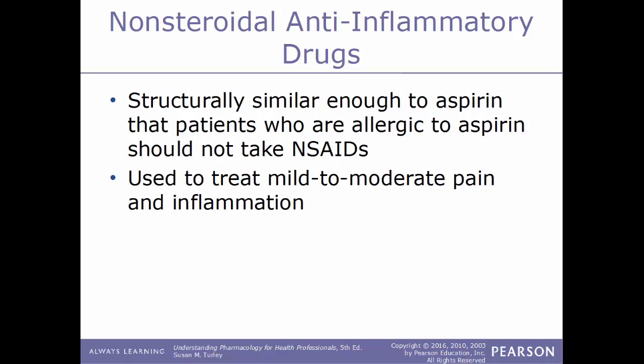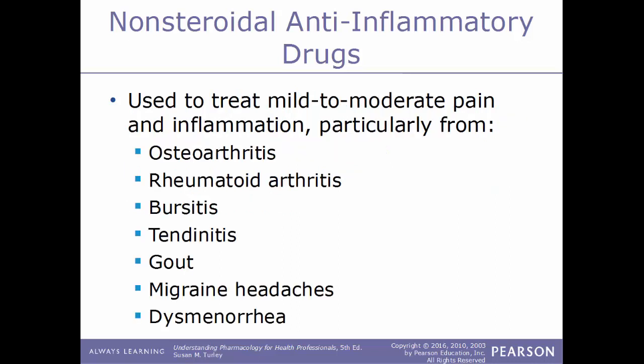Now, these are structurally similar enough to aspirin that patients who are allergic to aspirin should not take NSAIDs because their body will still see them as being so similar to aspirin that it will induce a reaction. The NSAIDs are used to treat mild to moderate pain and inflammation. Some conditions that the NSAIDs will be taken for: osteoarthritis, rheumatoid arthritis, bursitis, tendinitis, gout, migraine headaches, and dysmenorrhea.